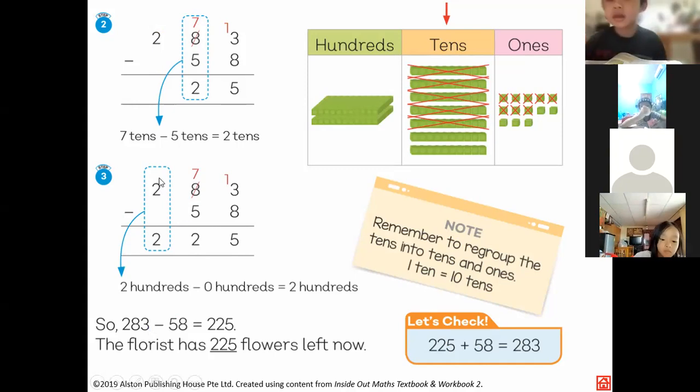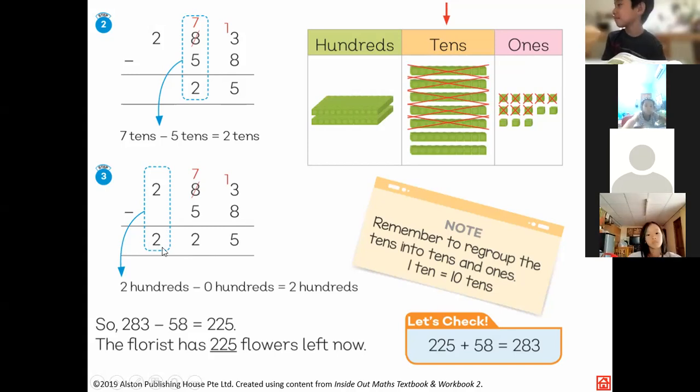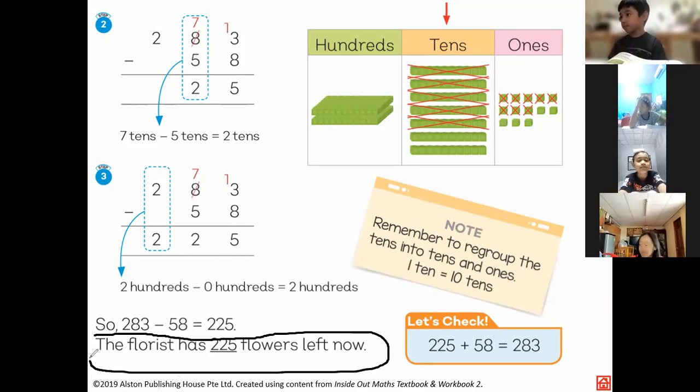We will minus the number on hundreds place. But since no number from here, we will just put 2 down here, okay? So the answer for the problem is 225. So the florist has 225 flowers left now.